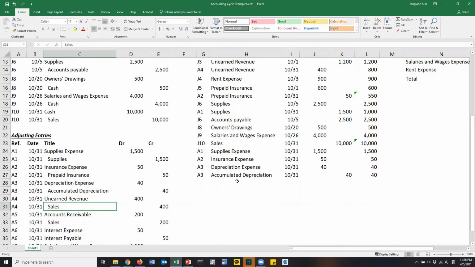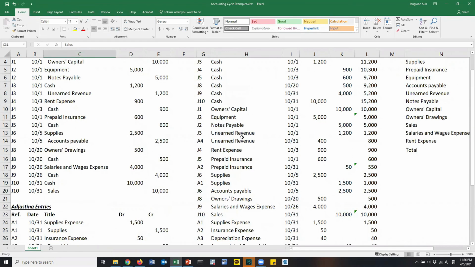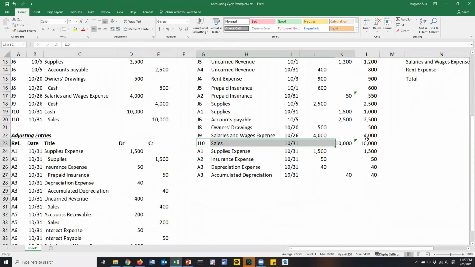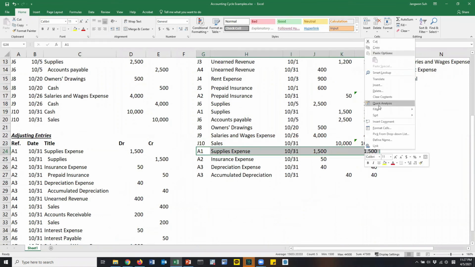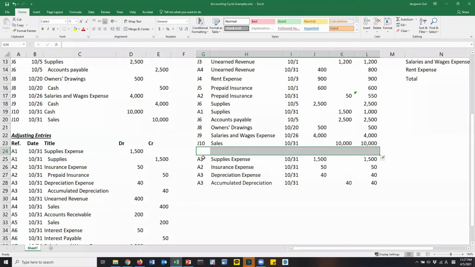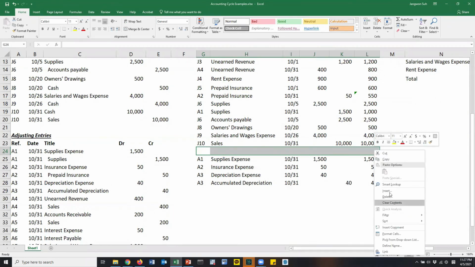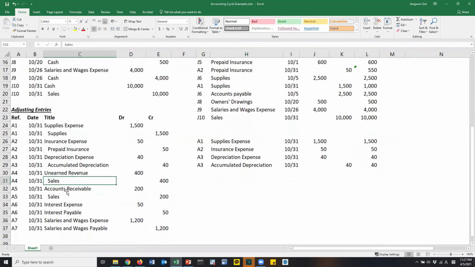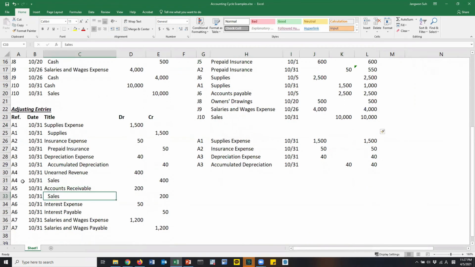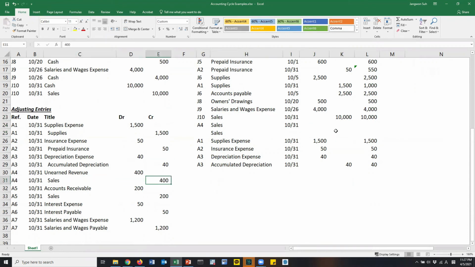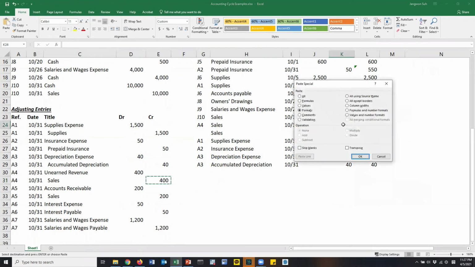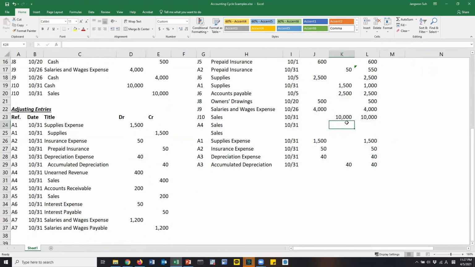Now the next line is sales. Did we have a sales account? I think we do. Yeah, here it is, sales, right? So let's make lines. I think we need to make 2 lines, right? You have 2 sales. One is A4, this date, and 400 here, right?